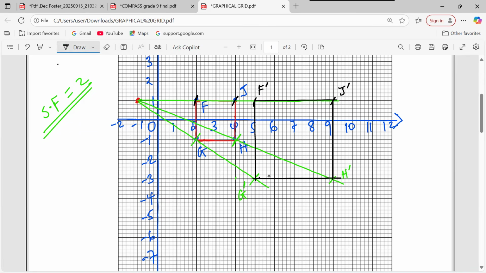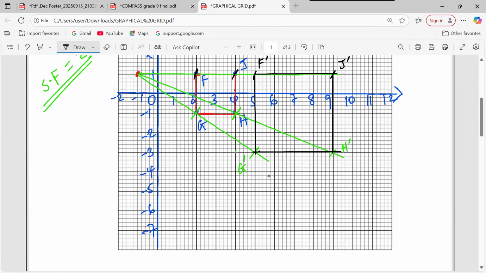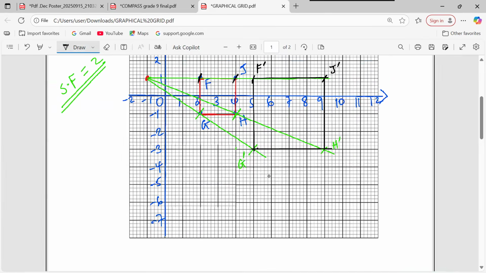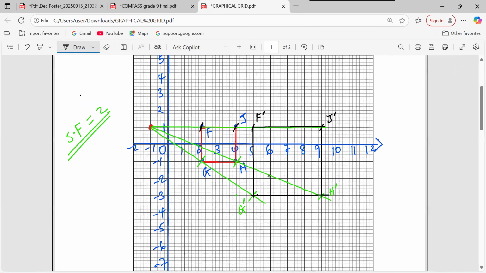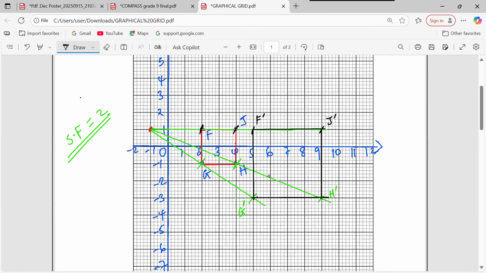We have the enlarged shape. Therefore, we'll talk about the coordinates. Let me list them: f, g, h, j.